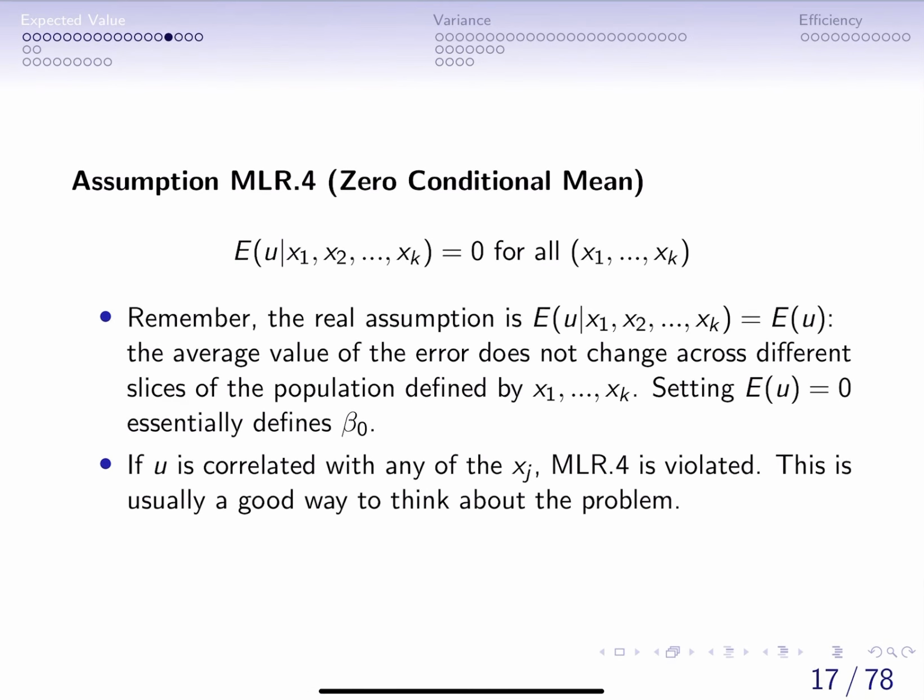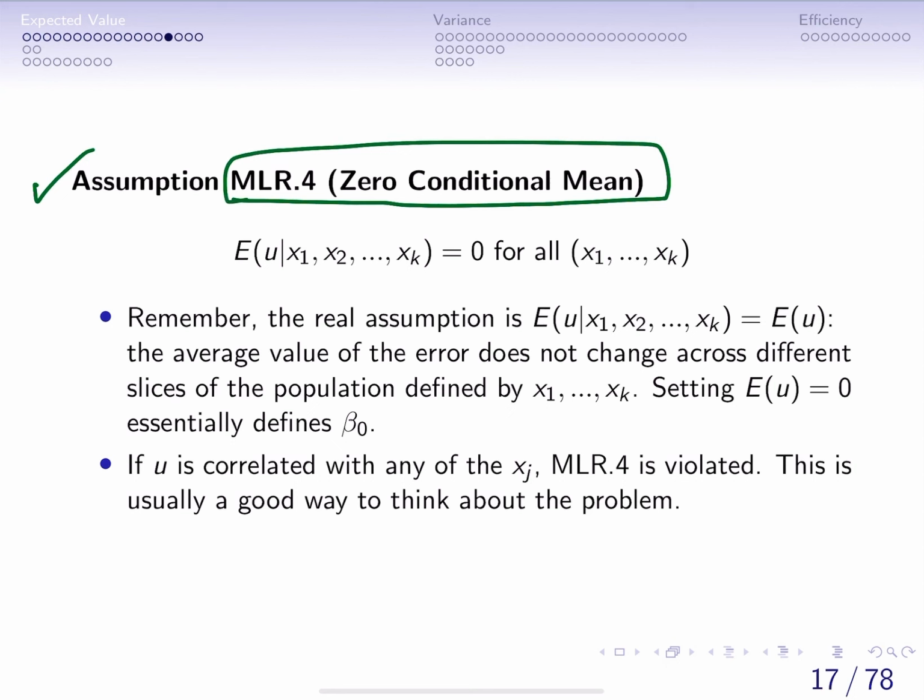And finally, what we need for unbiasedness of our estimators is a fourth assumption as well, which says that we need the expected value of u given all our x's to be 0. The 0 is a trivial assumption because of the intercept, and we've gone over this a lot. The real assumption is that the expected value of u should not depend on the x's, right?